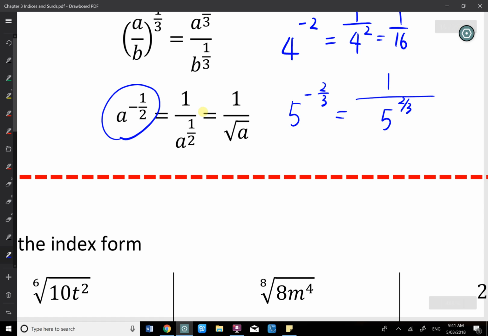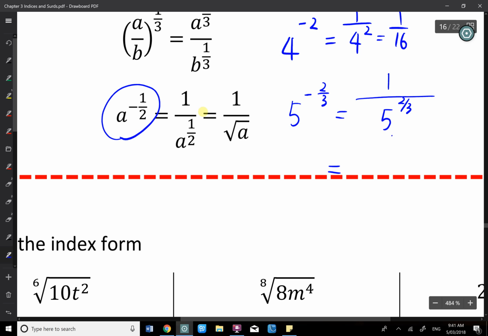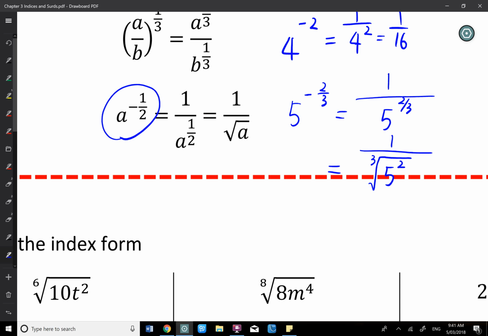Then this will be 1 over 5 to the power of 2, and then take a cube root. So the denominator becomes the third root. 2 is the power, and the denominator is the nth root, so it's the cube root.